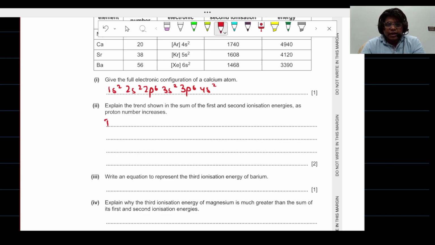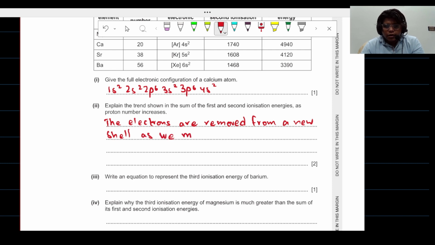So the electrons are removed from a new shell as we move down the group.